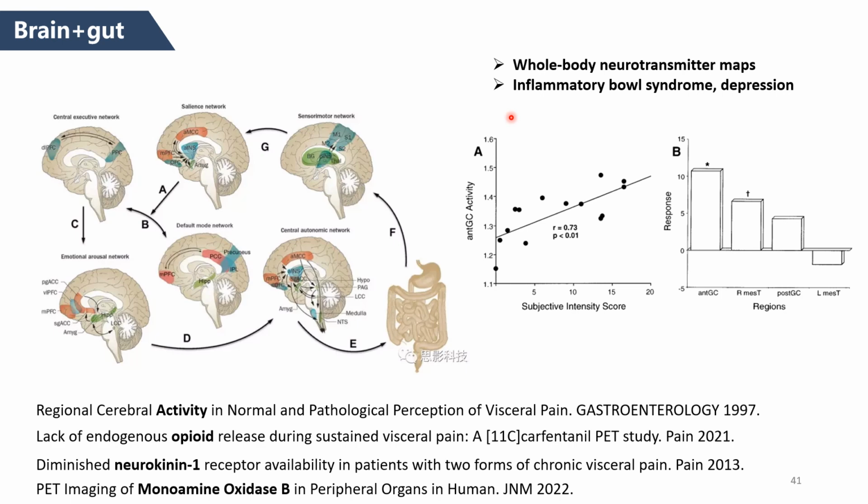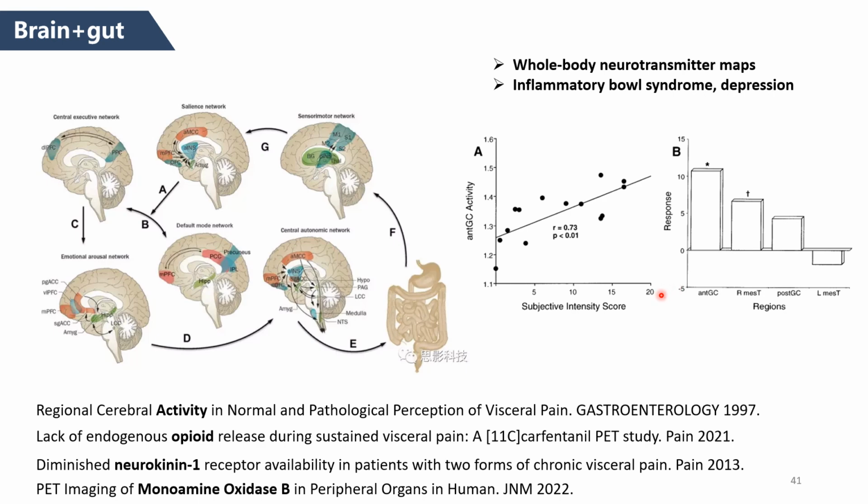Can we actually build up multiple neuronal receptor binding maps at the whole body level to investigate the bidirectional brain to gut mechanism? For example, pain is assumed to be related to serotonin expression both in gut and brain, but there is a lack of direct evidence in humans.